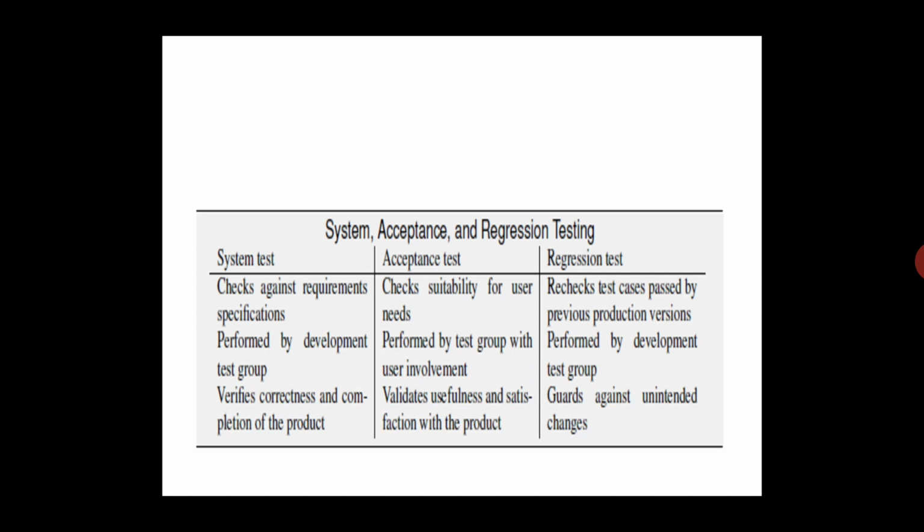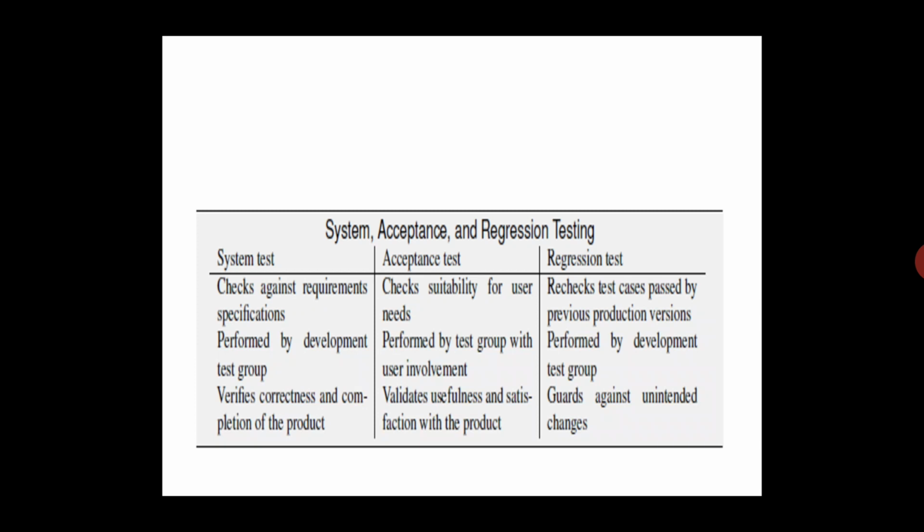In system testing there is no involvement of a user, but in acceptance testing certain users are part of the test. Regression testing is performed by the development test group. Of course, both system and regression tests are performed by development test groups. The clear difference is that regression testing is nothing but rechecking.